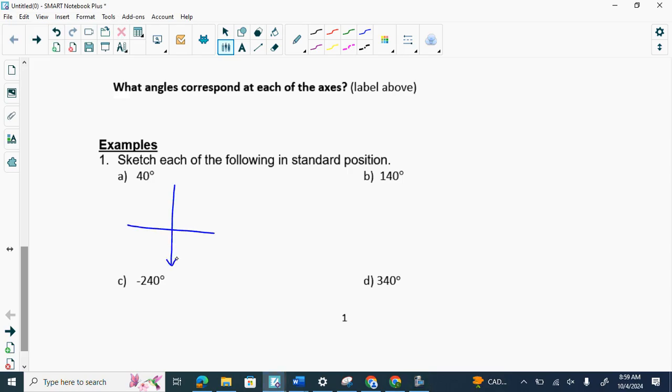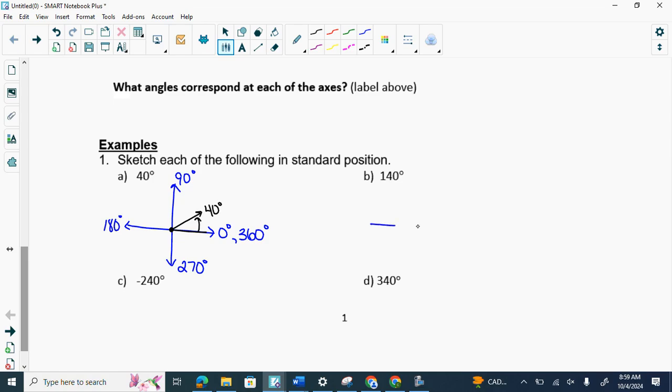We have 0 degrees, 90, 180, 270. We're going counterclockwise because it is positive. So we go 0, 45 is halfway, so a little less than half, 40 degrees.